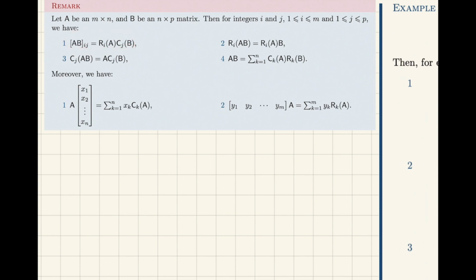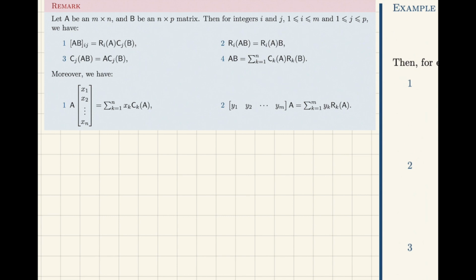If I ask you to calculate the ijth entry, one entry from your matrix, do you remember? You decompose the left-hand side matrix into rows, and you decompose the right-hand side matrix into columns, and then you take each row and multiply it by each column. If you want to find the ijth entry, you take the ith row of the matrix sitting on the left, and you multiply it by the jth column.